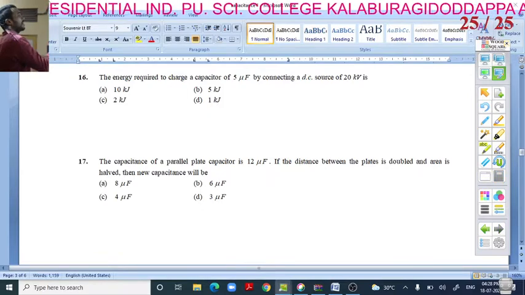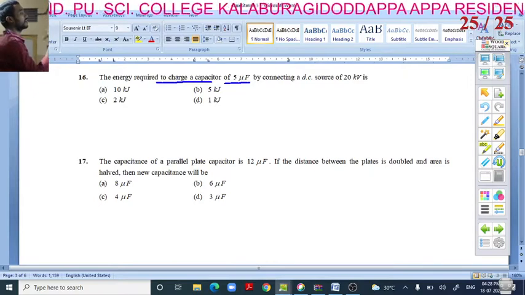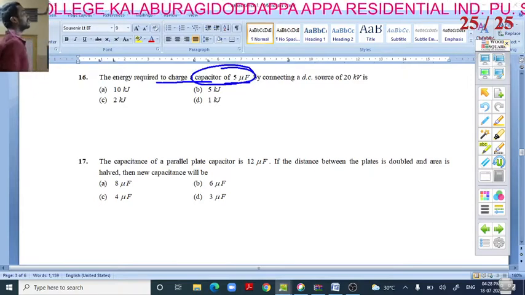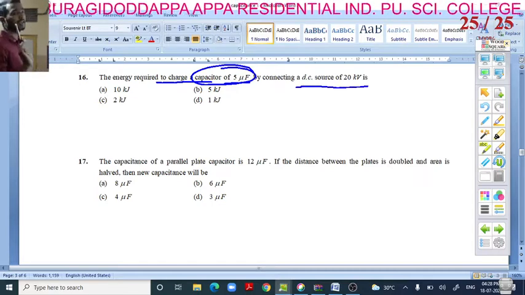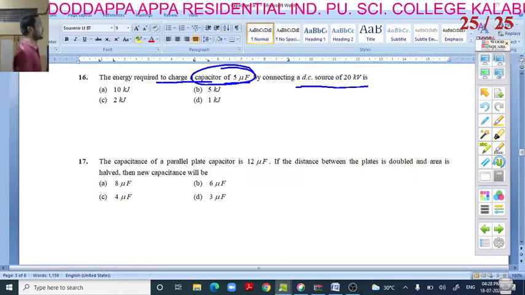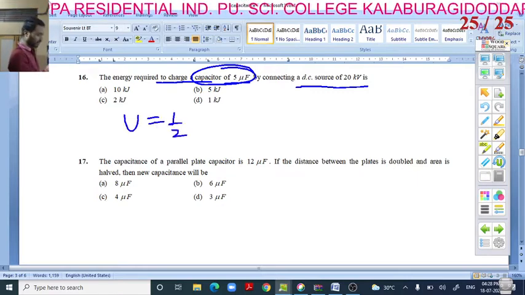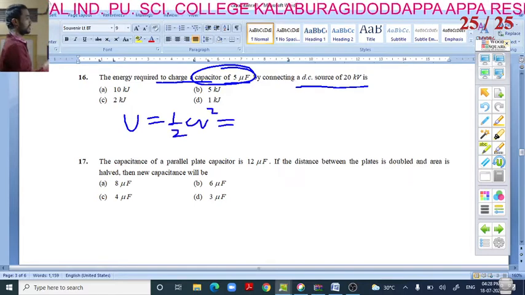The energy required to charge a capacitor of 5 microfarad. Okay, a 5 microfarad capacitor he has given. How much energy is required to charge it by connecting a DC source of 20 kilovolt? Direct formula: energy U is equal to half CV square. Already we have done this formula.